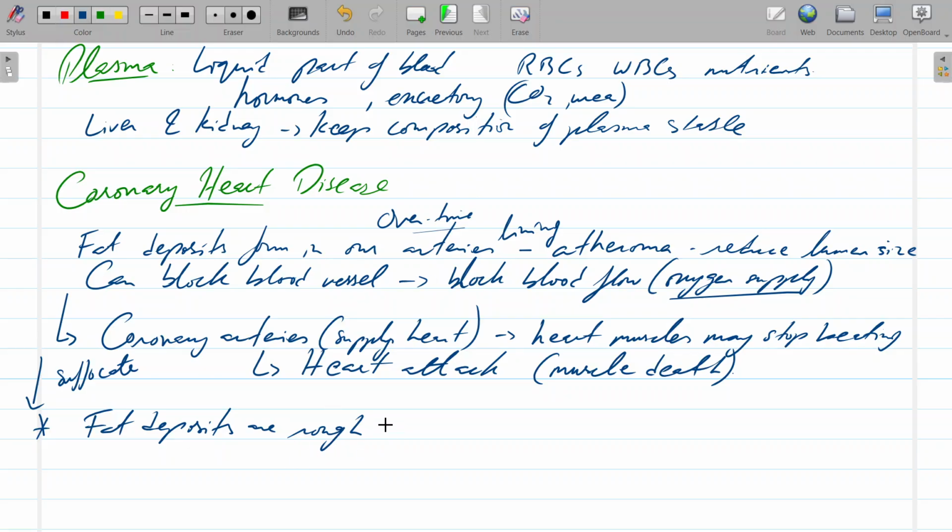Okay, so these fat deposits are rough, and when blood is flowing over them, it can cause damage, and it can cause a blood clot to form.